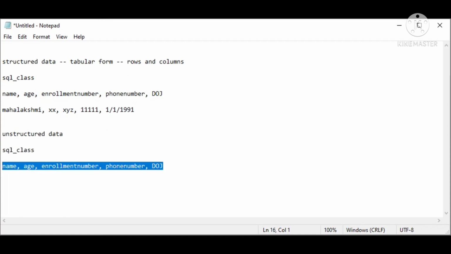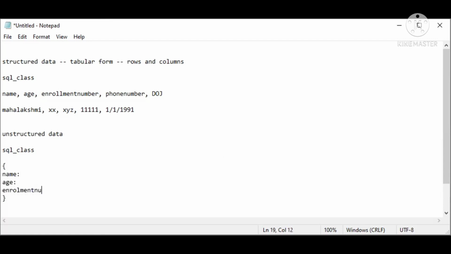Somebody might be sending us a log file in JSON format, right? So it will have entries like name, age, enrollment number, phone number, and so on. So name will be some XYZ, some data, right?